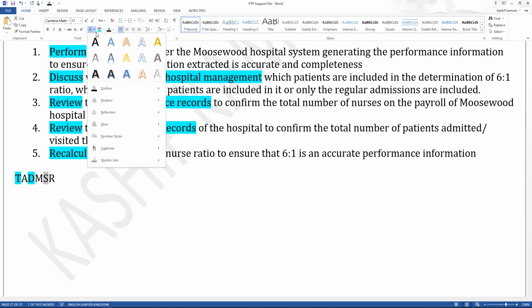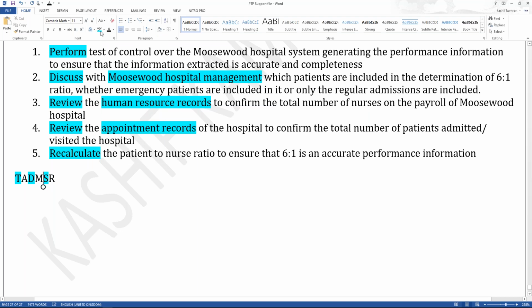I've used one source document, which was the human resource record, and the second source document, which was the appointment records of the hospital, right? And have I used the recalculation? But did I forcefully write them, or do my procedures make sense? Are my procedures sensible, or are they illogical?